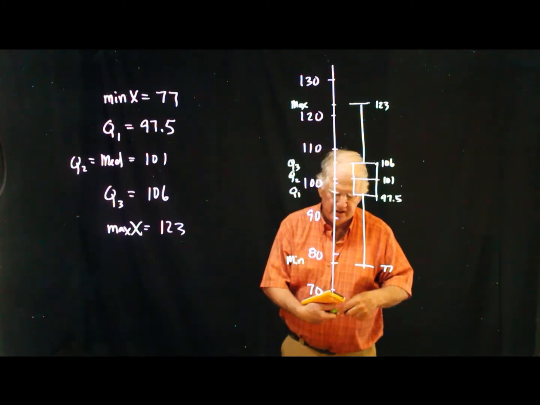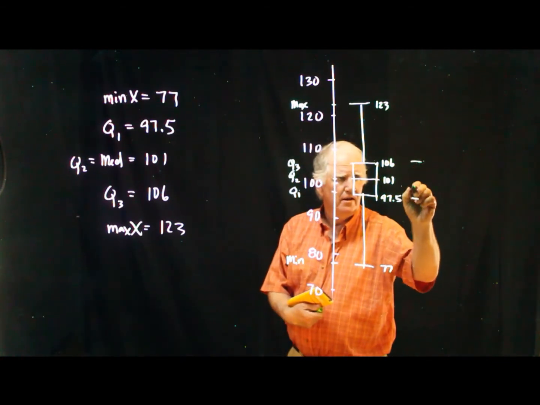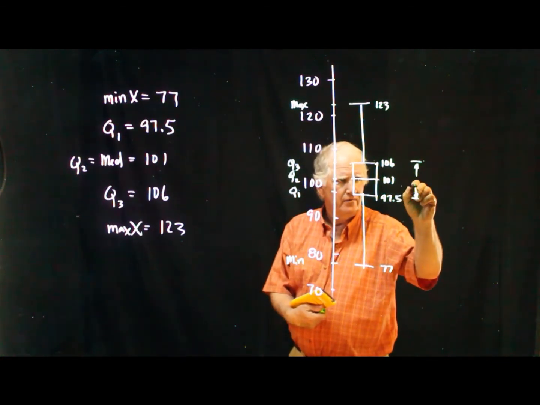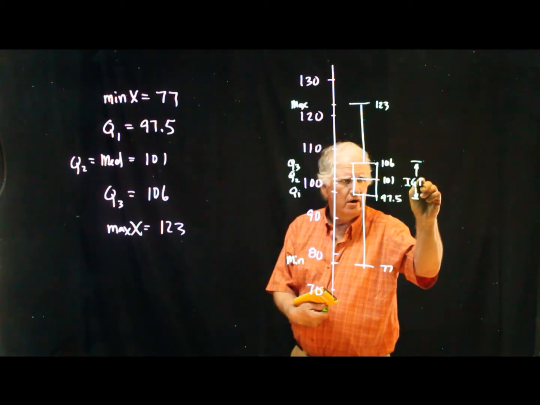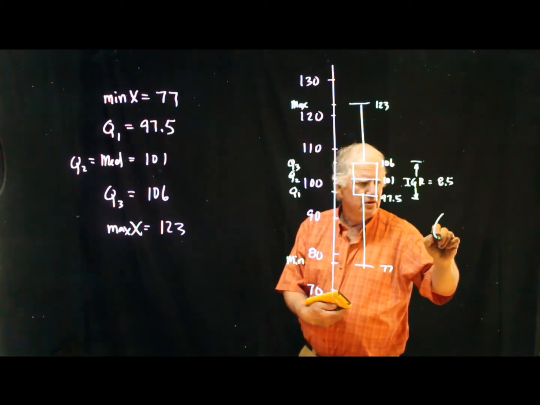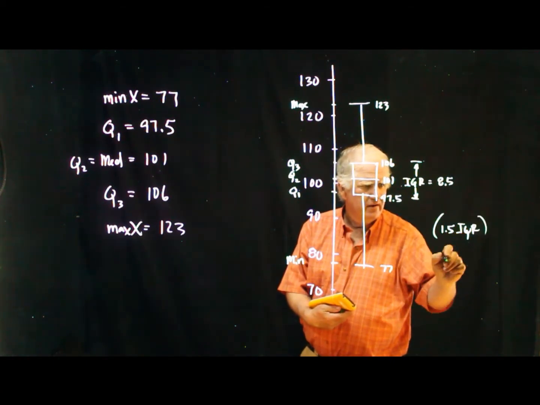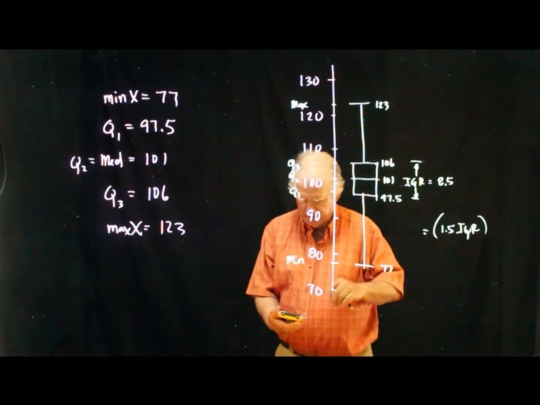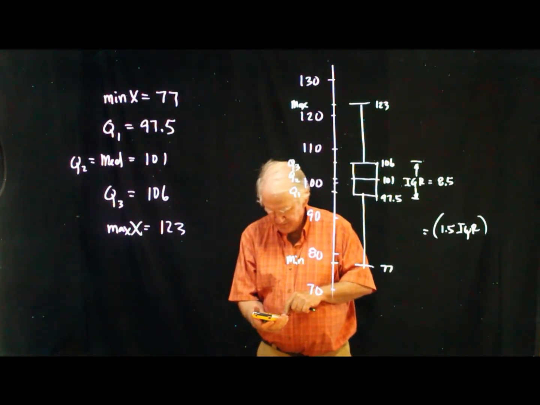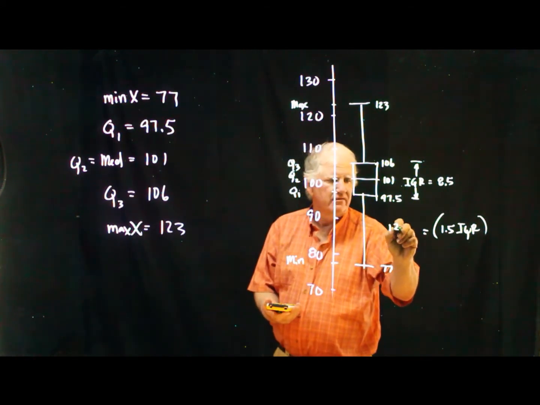What I just calculated was this distance right here. This is the IQR, and that's equal to 8.5. So 1.5 times the IQR is 8.5 times 1.5, and that's 12.75.